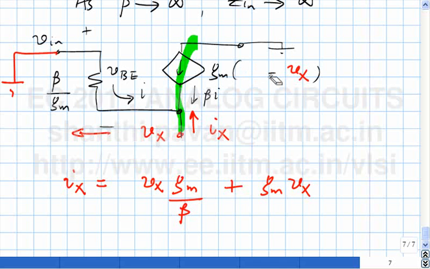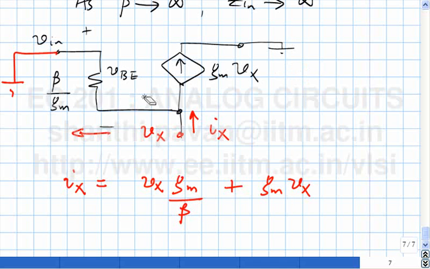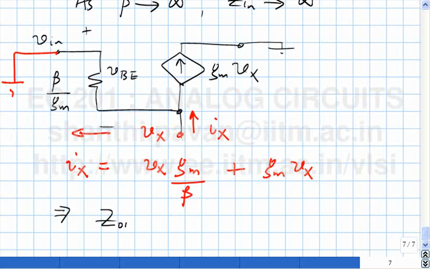So I could have, for instance, changed the direction of this current source and made this plus Gm Vx, which means the output impedance is 1 over Gm times 1 plus 1 over beta.